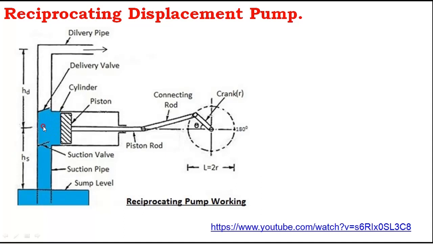When this vacuum is created, the suction valve opens, and the water comes and fills this vacuum. When the entire space is filled with water, I close the suction valve. When the suction valve is closed, we press the piston with the help of this arm. When we press it, this valve is closed and the delivery valve is opened, therefore the water is delivered to the required place.